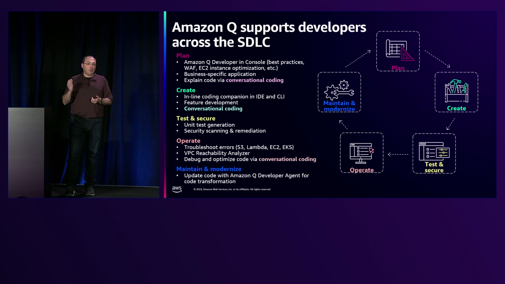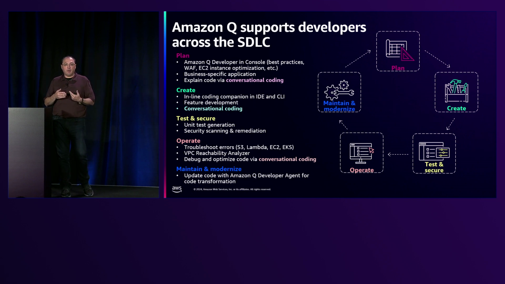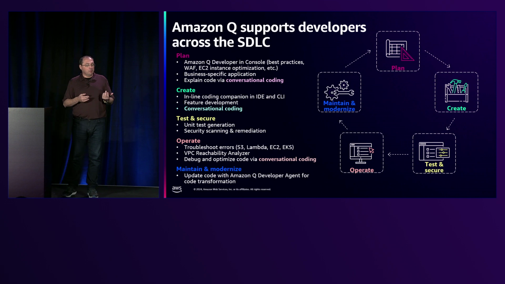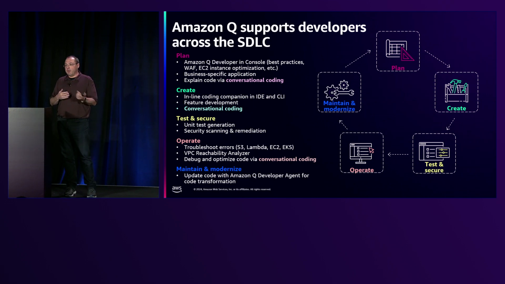We write the code, we get it deployed, but we also need to operate that code. And so Q Developer is there to help out with troubleshooting errors. This is most often in the console, where you see maybe one EC2 instance can't reach another EC2 instance, and so we might be asking the question, why is that?